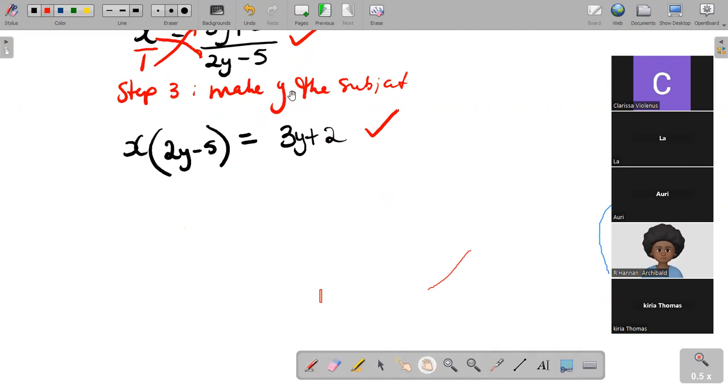Now, if I want to make y the subject, why is this harder than the example before? Don't we have 2 y's? Right or wrong? We have a y on the left and we have a y on the right. Do I want that, or do I want all the y's over on one side together and all the numbers and everybody else on the other side? Isn't that true? Because that's the part we need to understand. We need to reshuffle them.